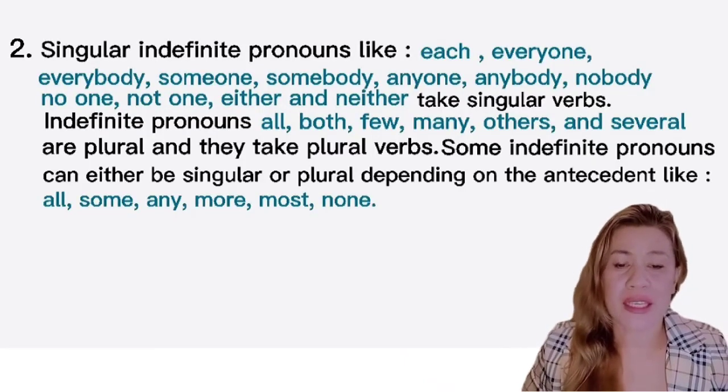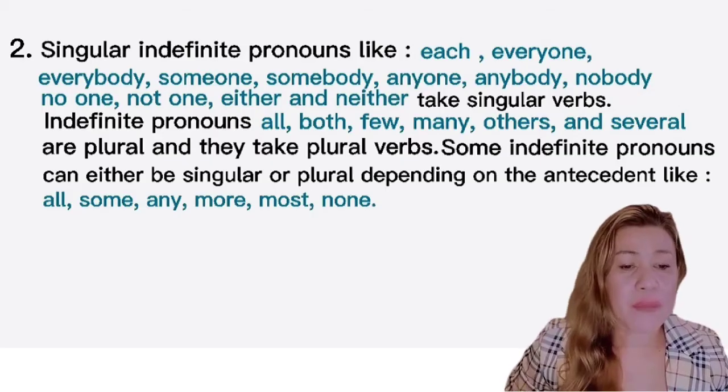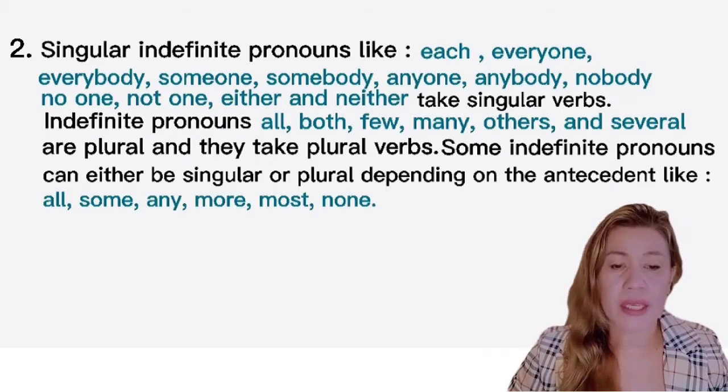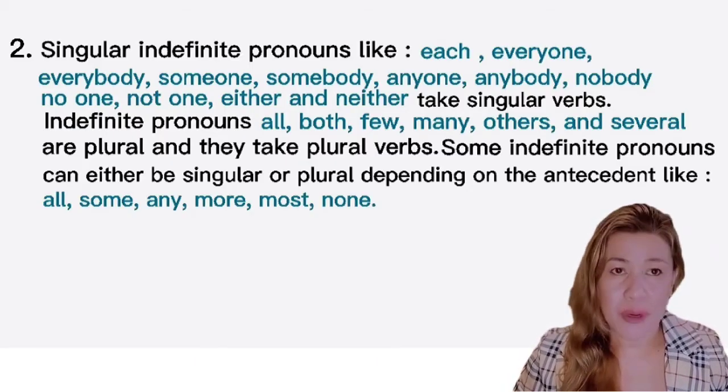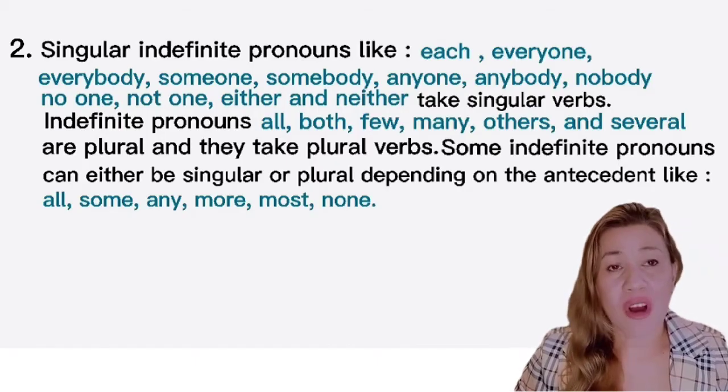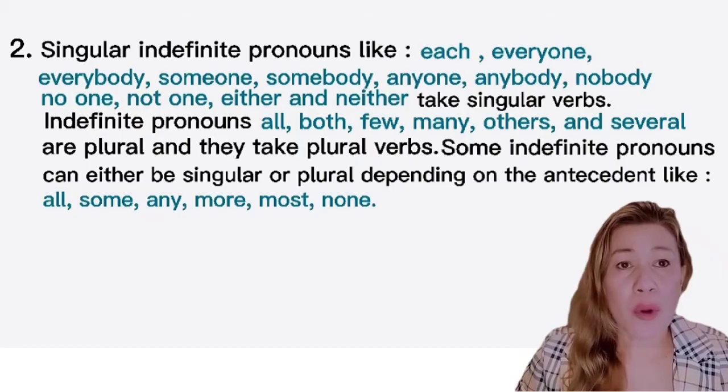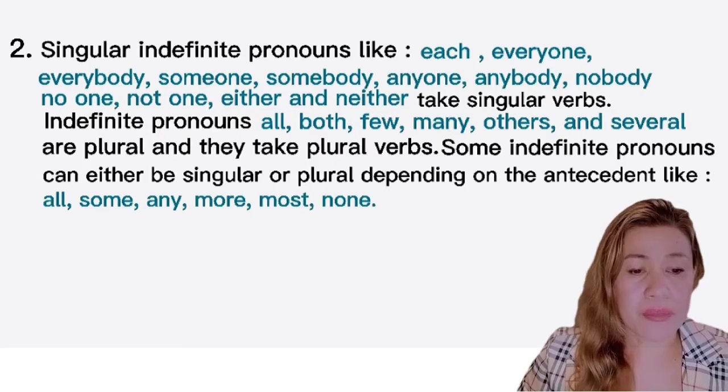Rule number 2 says, singular indefinite pronouns like each, everyone, everybody, someone, somebody, anyone, anybody, nobody, no one, not one, either, and neither take singular verbs. First off, why do we call pronouns indefinite?